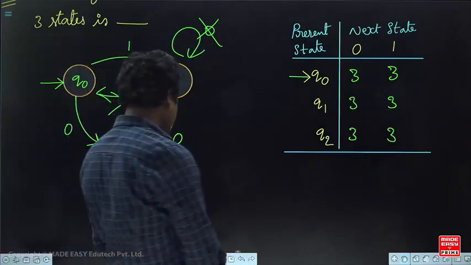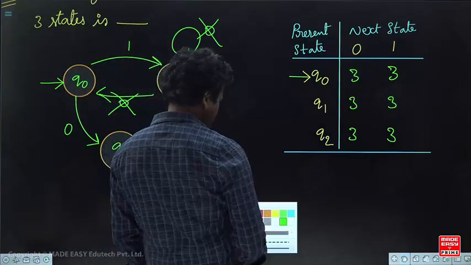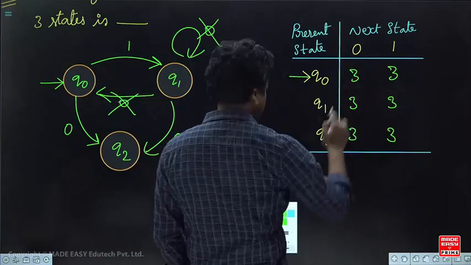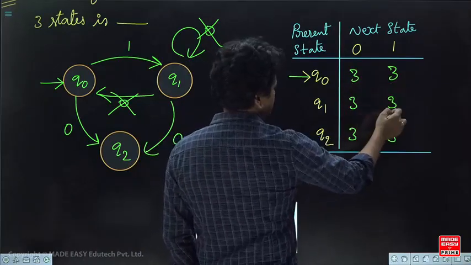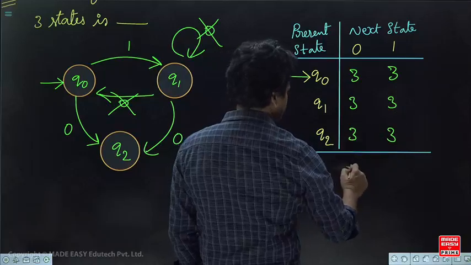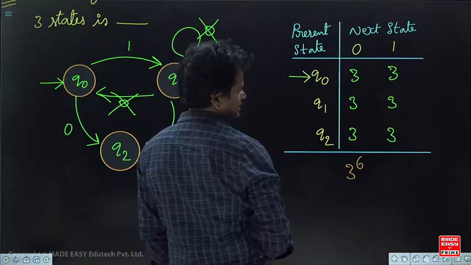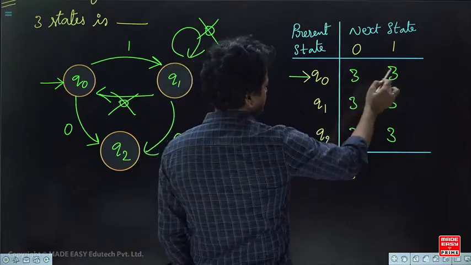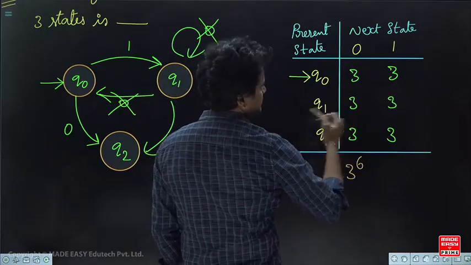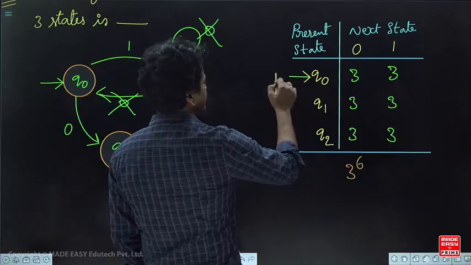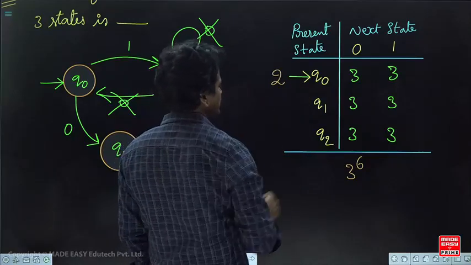So guys, how many are these? 3 into 3 into 3 into 3 into 3 into 3, that is 3 power 6. And any state, final or non-final, two ways.